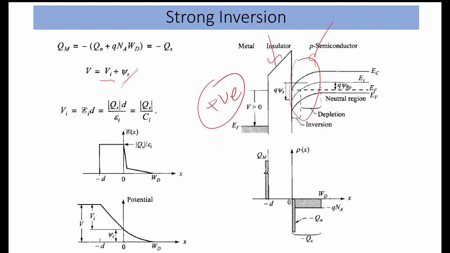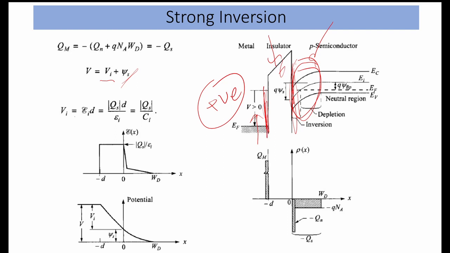So as this is a parallel plate capacitor, this is the metal, this is the insulator, and there are charges at this interface. So this is kind of a capacitor. There is a charge at this interface because this is metal, and the charges accumulate at the surface.